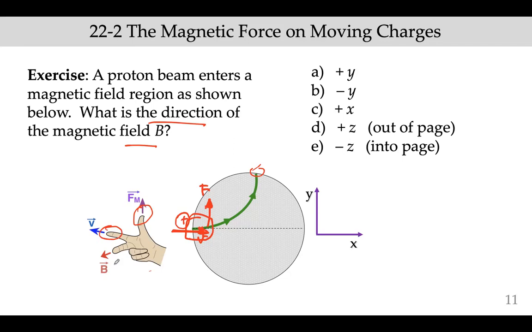So what do you find? If you do that, you will find that the magnetic field is your thumb. It shows into the page. So the magnetic field we find from the right-hand rule is into the page, and the symbol for into the page is a cross. So the answer is negative z direction, which is into the page.